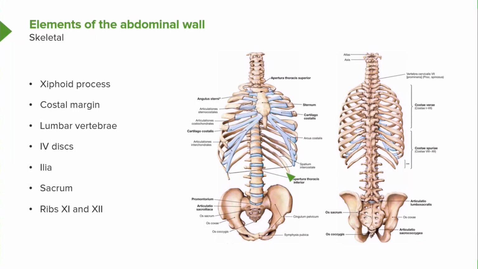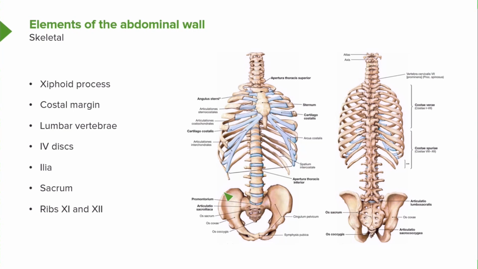We will then encounter the tip of the 11th rib, and then the 12th rib will also help to define the skeletal elements. We can see the 12th rib here posteriorly in greater detail. We'll also have the lumbar vertebrae, L1 down to L5. The intervening intervertebral discs will help constitute the wall.